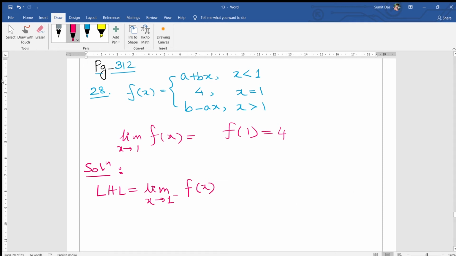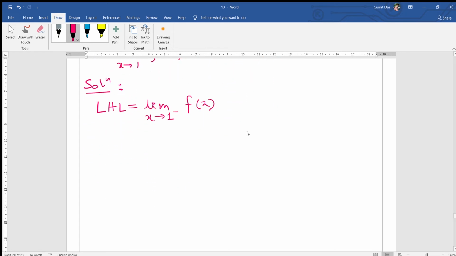Now which function will we use? We'll use this function, a plus bx, because here x is less than 1. So our f(x) will be a plus bx. If you put the value, it will be a plus b into 1, which means a plus b.